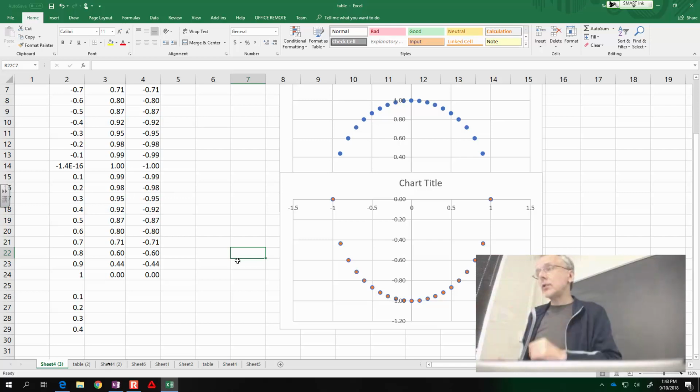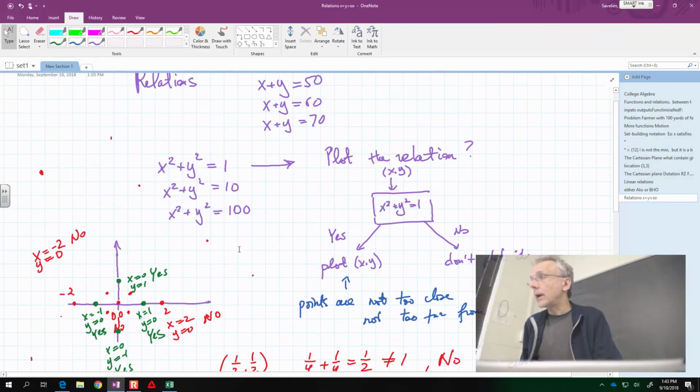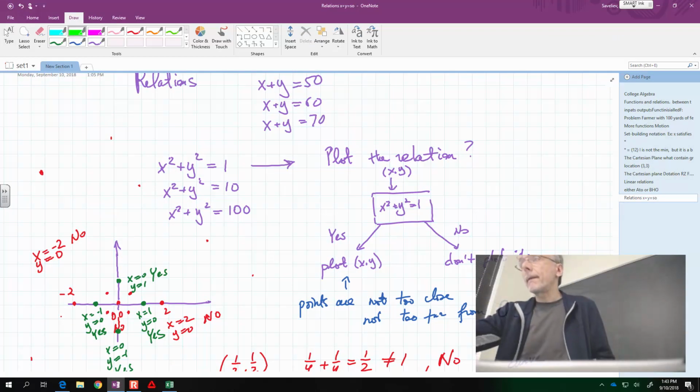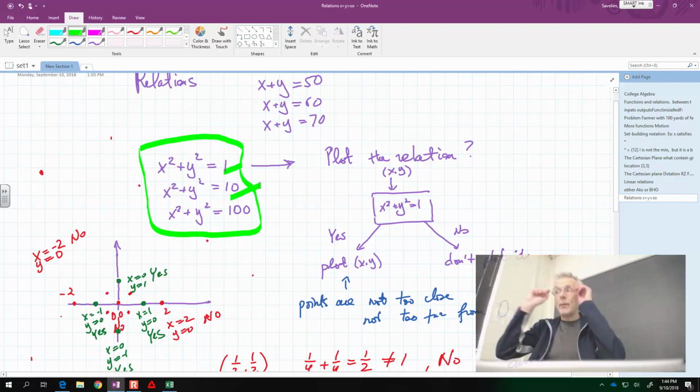You can imagine what's going to happen if I change this. I started with 1. If I replace it with 100, what's going to happen to the circle?